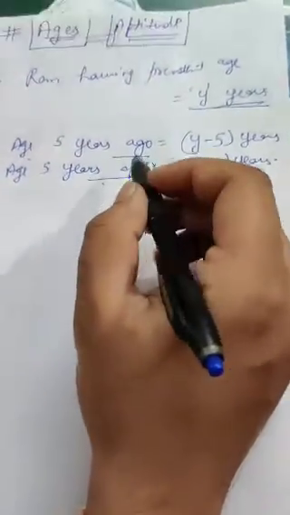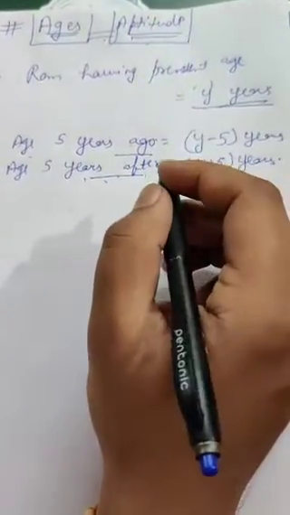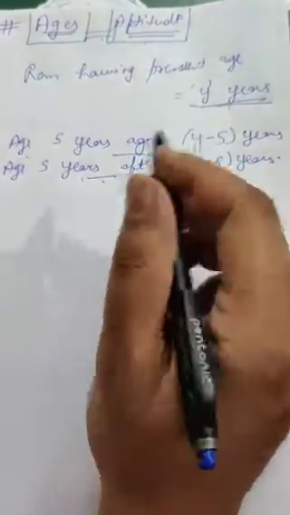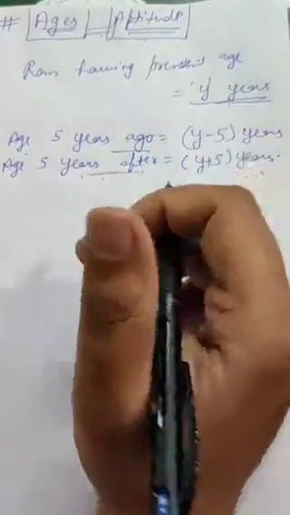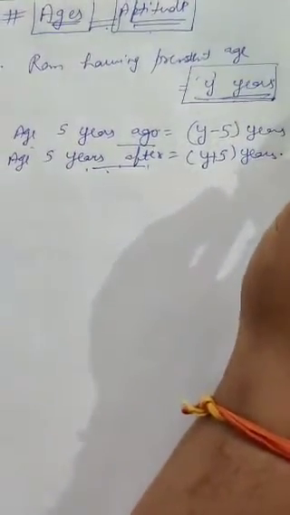So, if we have to go back, we subtract from the present age, and if we have to move towards the future, we add to the present age. We need to know the present age of that person.